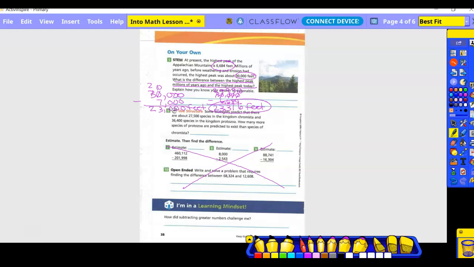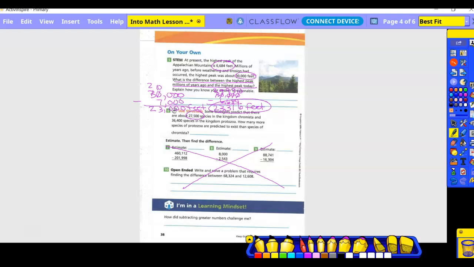Okay? Number 6. Some biologists predicted there are about 27,500 species in the kingdom Protista and 306,400 species in the kingdom Protozoa. How many more species are there than in each one?